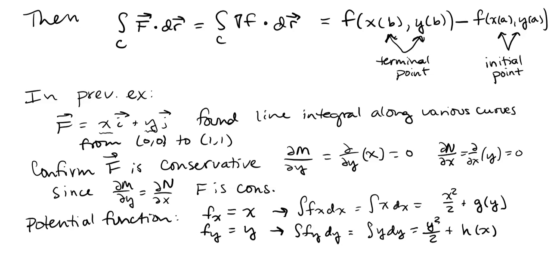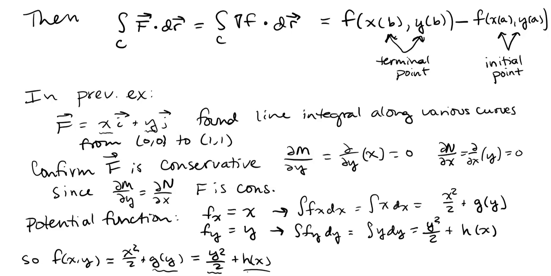So then by comparing, these should be the same function. So f of x y equals x squared over 2 plus g of y, and it's also equal to y squared over 2 plus h of x. So we would then end up seeing that g of y is this y squared over 2, and h of x is this x squared over 2.